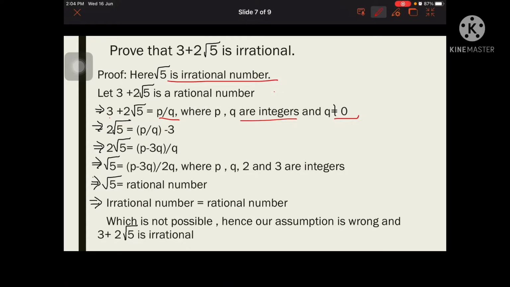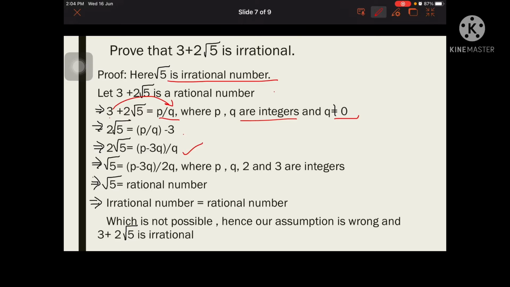Now I shift this 3 to the right hand side, so 2 root 5 is equal to p upon q minus 3. Taking LCM, this is equal to p minus 3q upon q. Now shifting the 2 to the right hand side, under root 5 is equal to p minus 3q upon 2q.